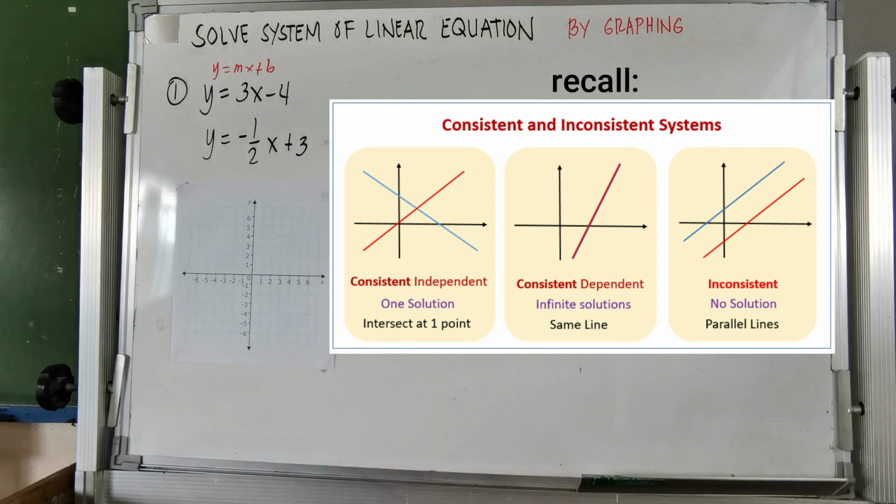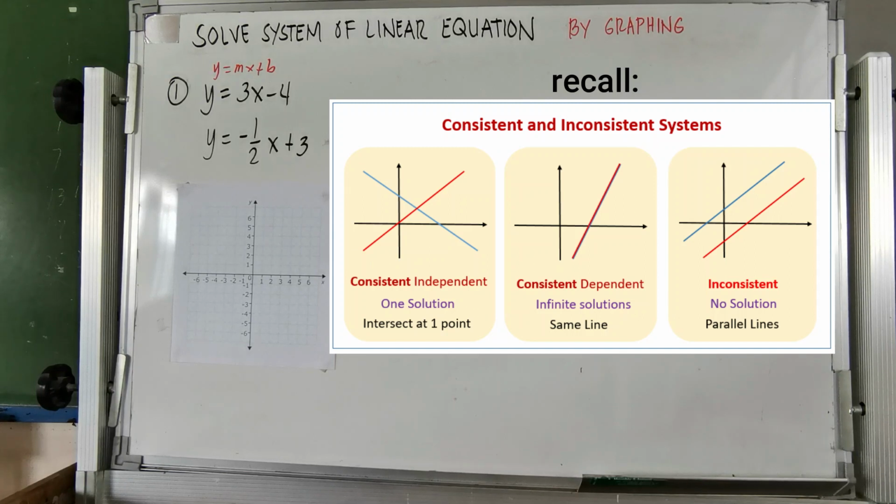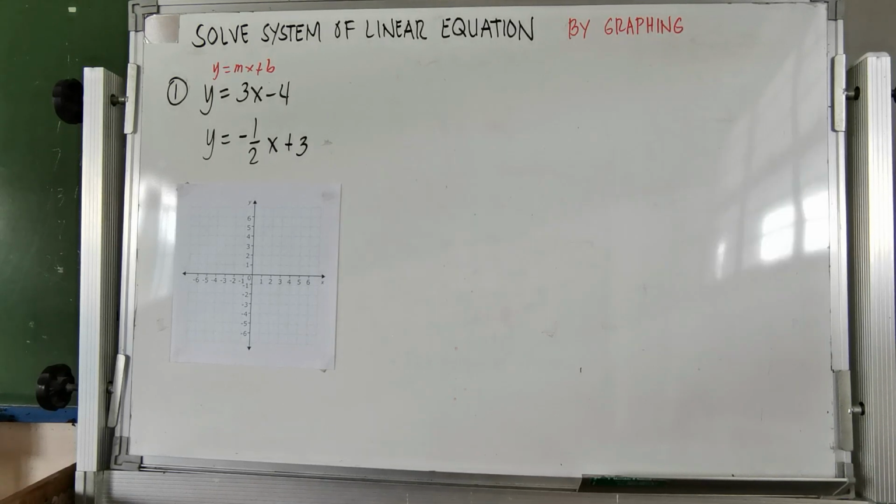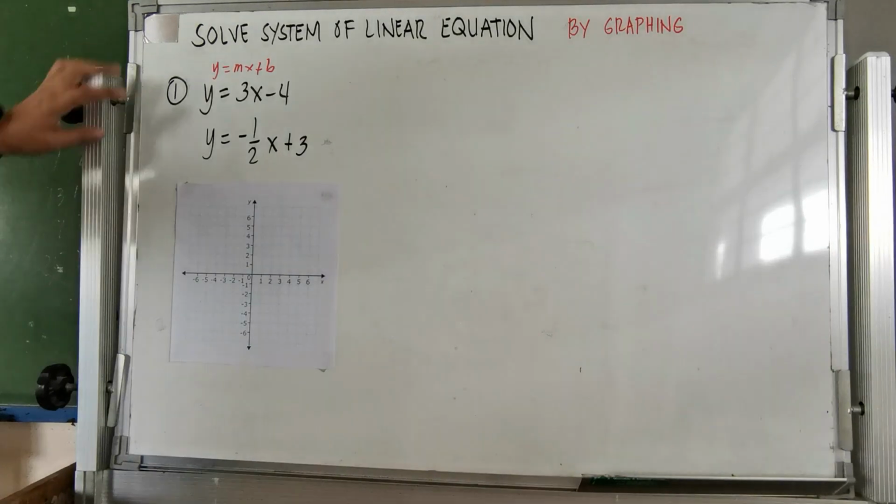And the last one is the inconsistent o yung merong graph na parallel, or in short, we have no solution for that system. So titingnan natin ano-ano yung ma-encounter natin sa mga yon kapag nag-solve na tayo ng linear equation using this method. Now let us have example number 1.